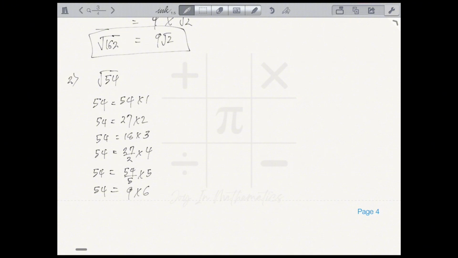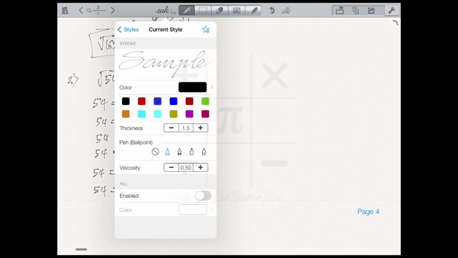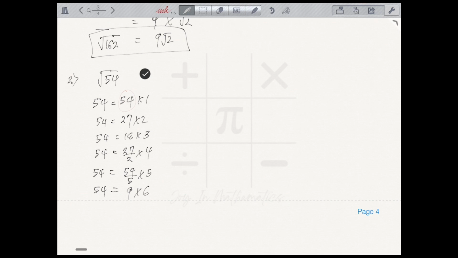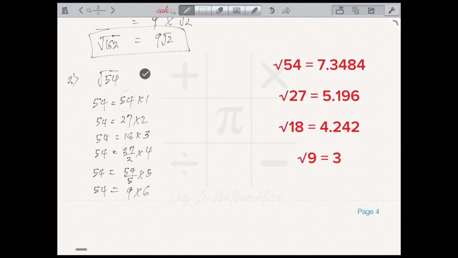Now we just take a quick look at this. 54, can we find the square root? Is there a definite square root of 54? No. Is there a definite square root of 27? No. Is there a definite square root of 18? No. And for 27 over 2? No. For 54 over 5?